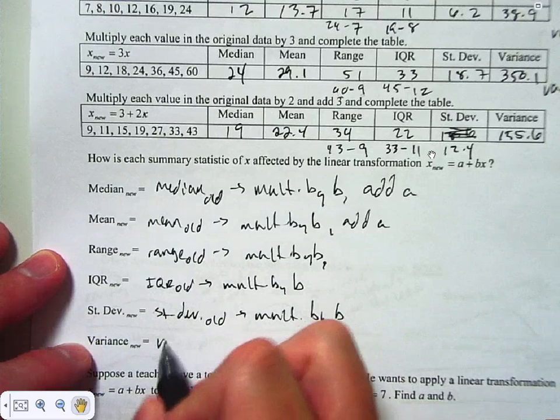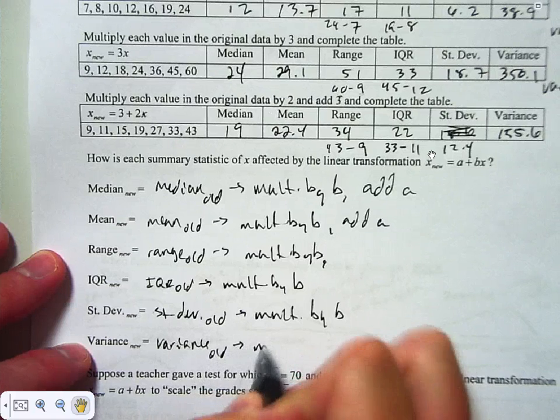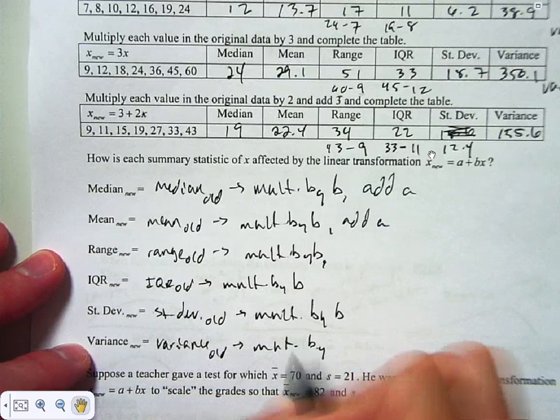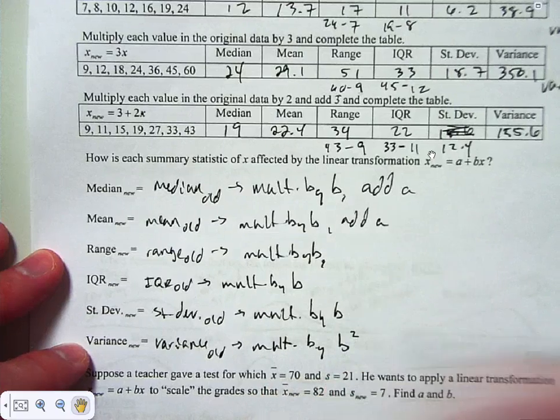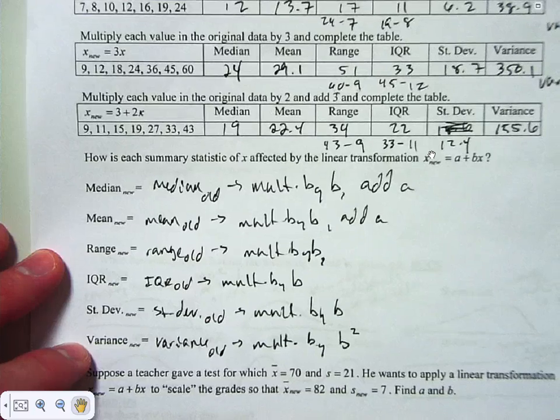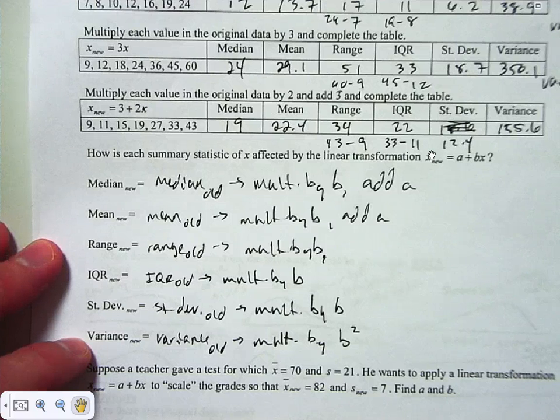Variance, we're going to take variance old, multiply it by b, not quite. We're going to multiply it by b squared. And again, that comes from the fact that we have to square the standard deviation to get to the variance, but not add a.